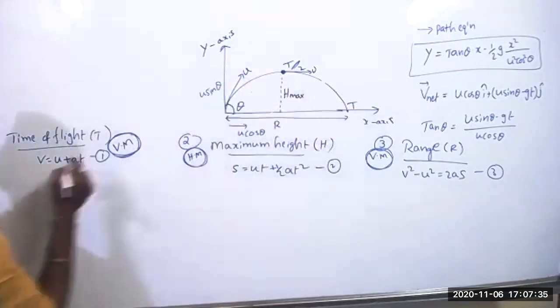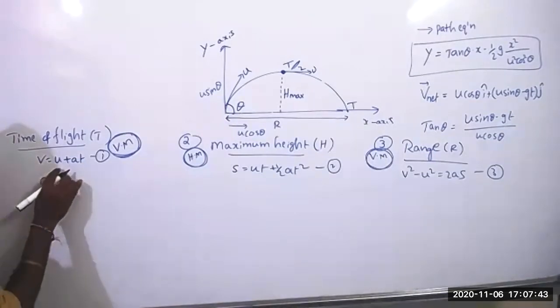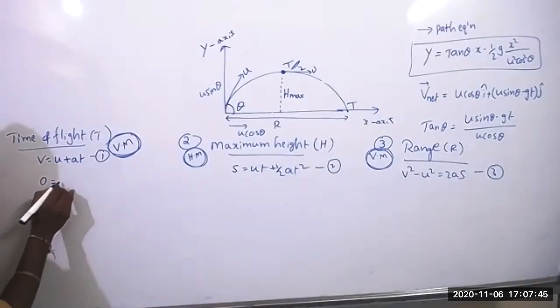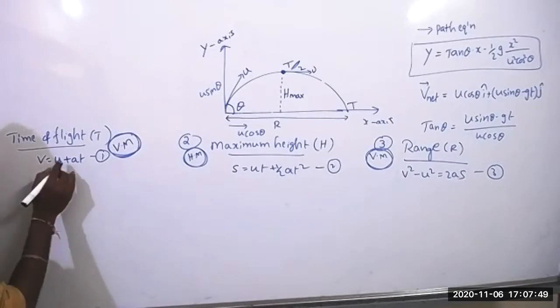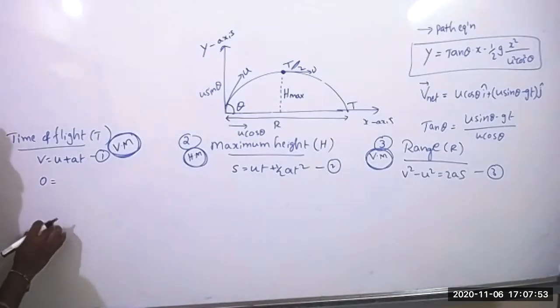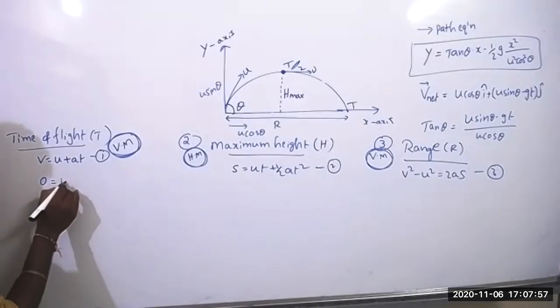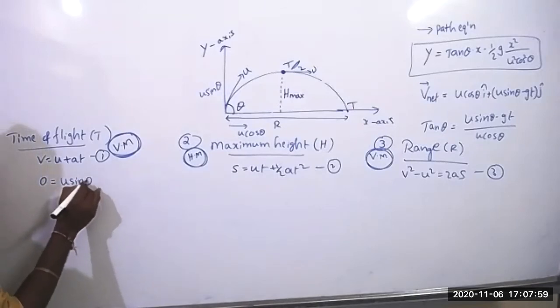So in the vertical direction, what is the final velocity? 0. In the vertical direction, what is the initial velocity? U sin theta.